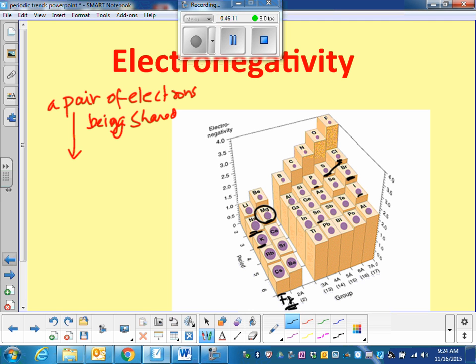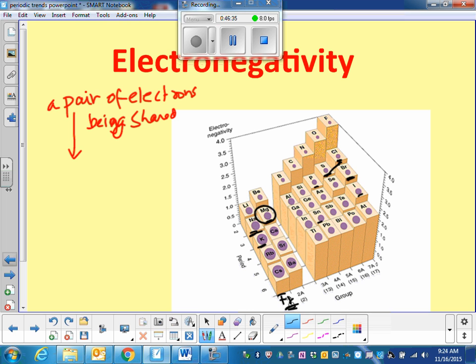Don't you get smaller as you go across? Right? Didn't I draw this? So which will be the most electronegative? Which is the smallest in size?